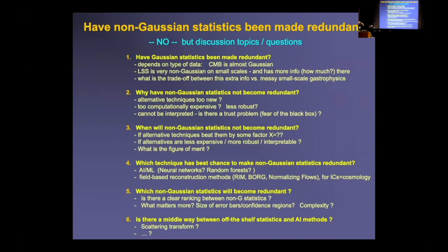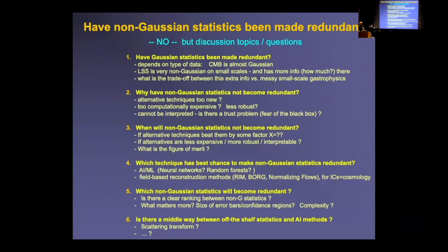Yeah, go ahead. So maybe I'll be a little bit controversial here. I don't know, but I'd like to hear from people who are more expert than me. Do we even know how much more information there is to extract? Because on some of the claims where I see huge improvement from non-Gaussian statistics, usually I struggle to see why.